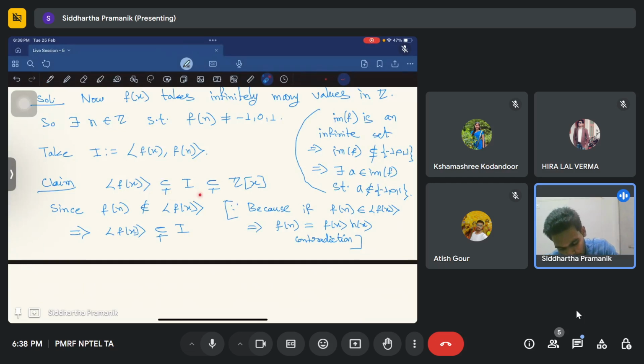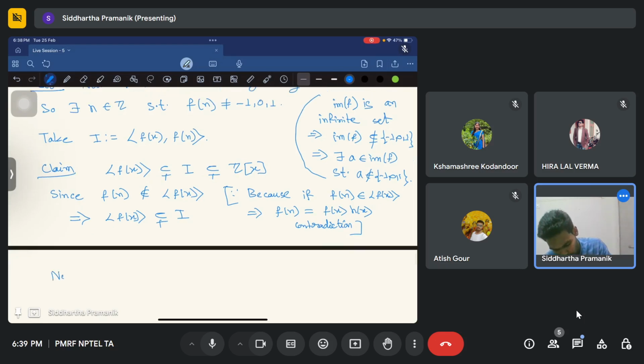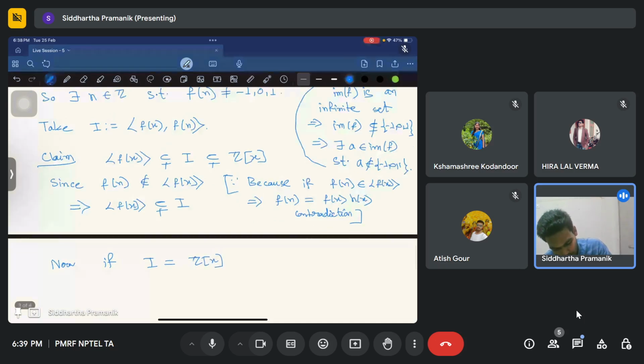Now let's focus on this one. If I equals Z[x], then what happens? So that will imply 1 must belong to I, and I is equal to the ideal generated by f(x), f(n).